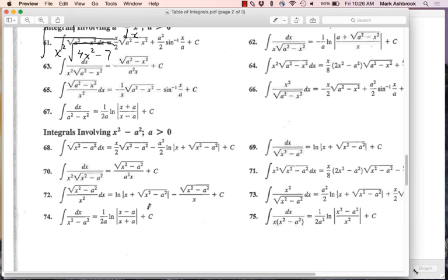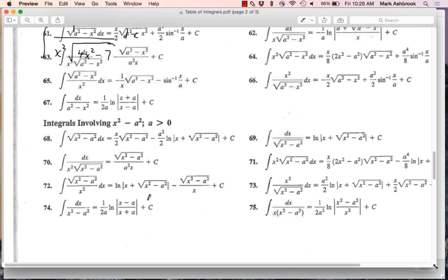So is one of these applicable to our problem? Which one? You should be thinking number 70. But the problem is, we don't have x squared minus a squared. We have 4x squared minus a squared.